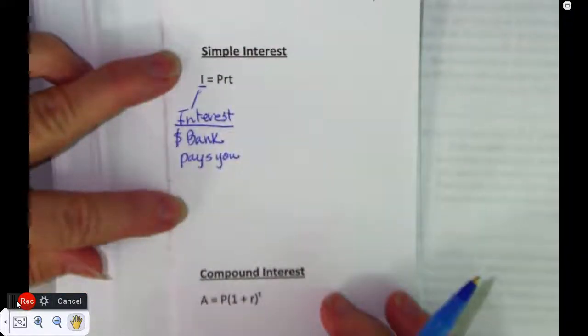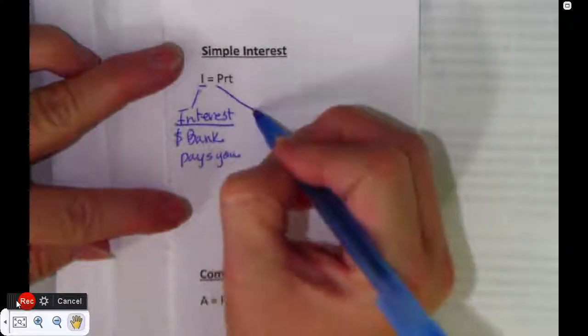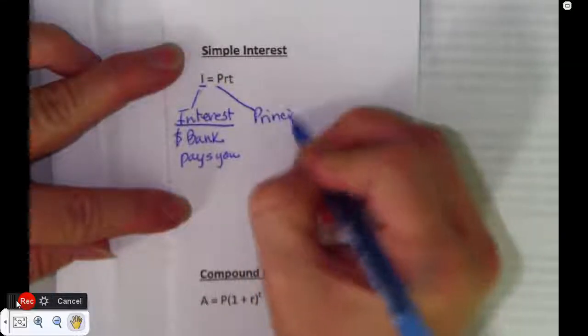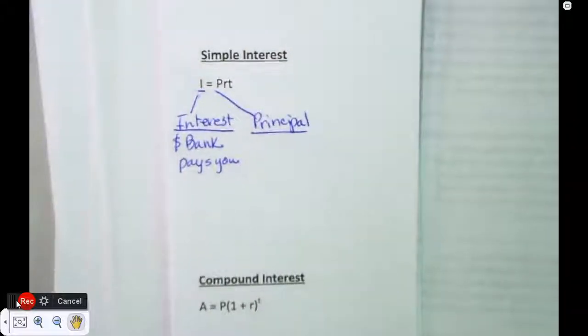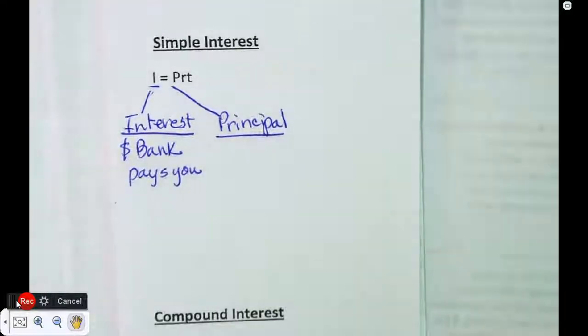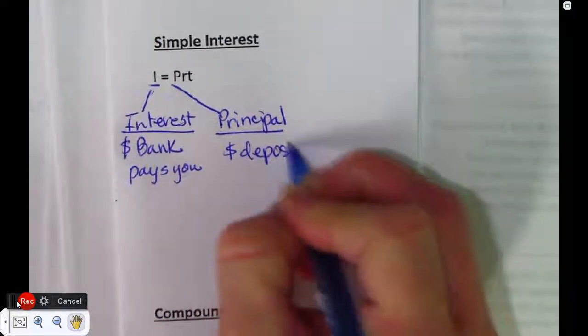P is the principal. Now, you spell it just like the principal of your school. The principal amount, that's the amount you deposit. So that's the dollar amount that you deposit in the bank.